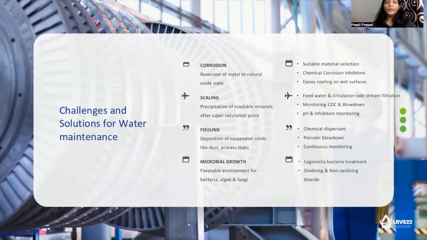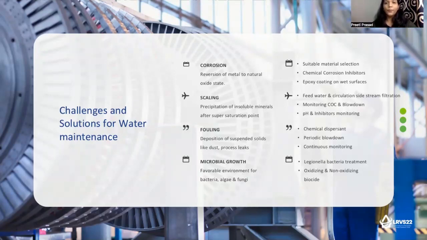So what are the solutions for that? First of all, for lubrication, keep the lubricant clean, cool and dry before it enters the system. Keep regular monitoring so that the parameters stay within permissible limits.